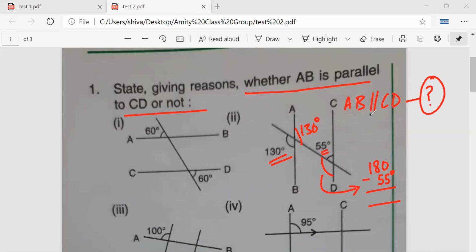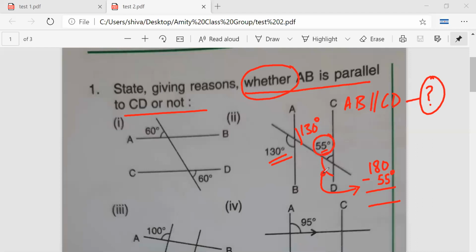Mr. Sarthak, yes, sir. Mr. Satya, yes, they are asking whether they are parallel or not. They haven't told you whether these are parallel. You need to check. And how can we check? This is 55 degree.